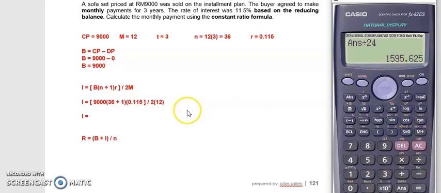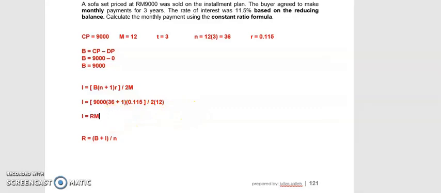So interest is 1595.63. Okay, now we can calculate value R, the monthly payment or monthly installment.